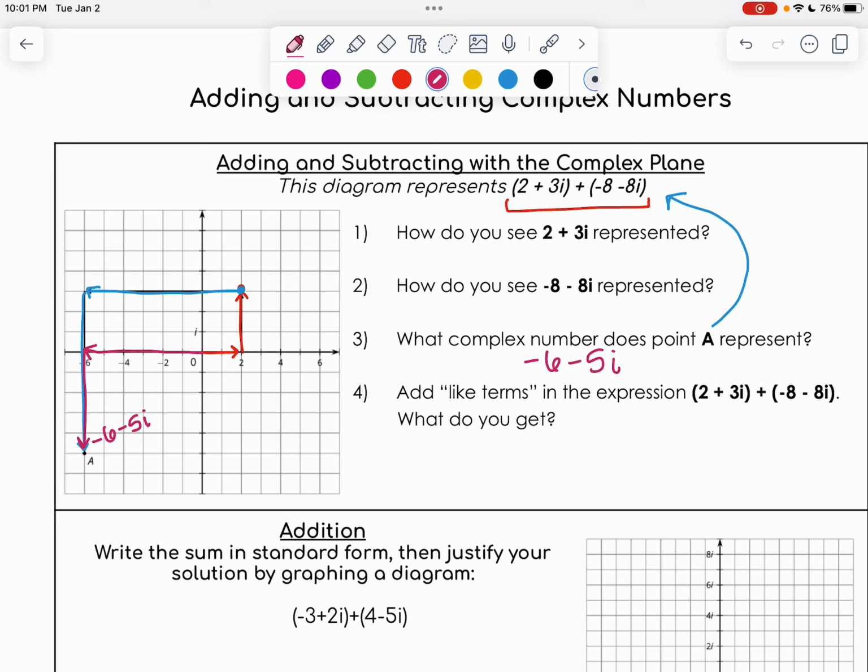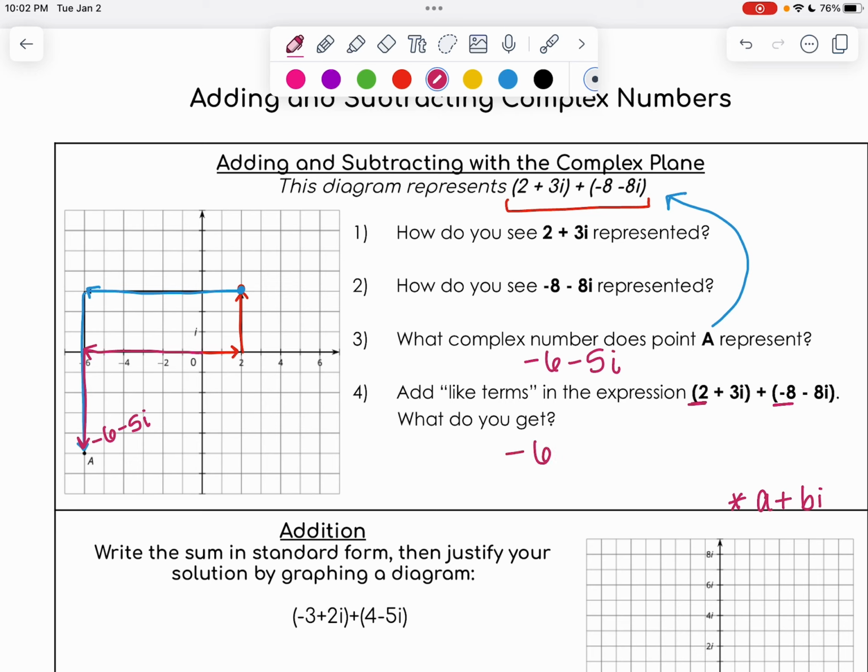So when I add like terms, I always like to start with the real numbers first, because if you remember, our standard form for complex numbers is real plus imaginary. So I'm going to start with the real numbers. The real number in the first complex number is 2, and the real number in the second one is negative 8. So 2 plus negative 8 is negative 6.